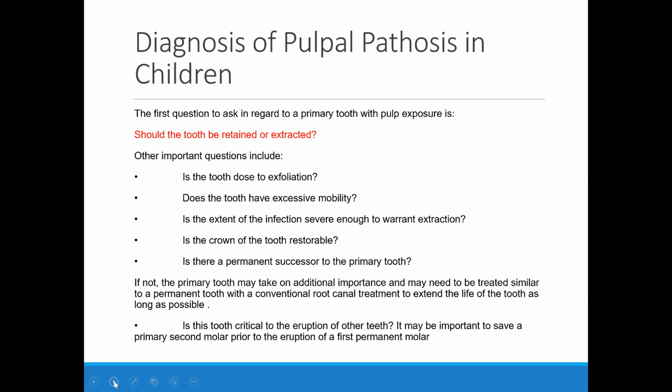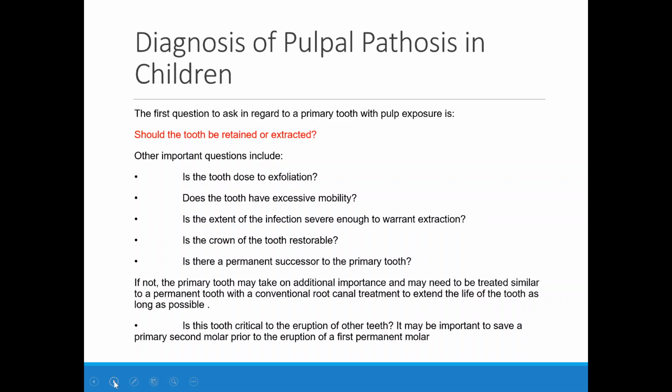So when we perform the diagnosis of pulpal fibrosis in children, the first question to ask in regard to a primary tooth with pulp exposure is, should the tooth be retained or extracted? Because it's very important to understand, do we have any complications from this tooth to the bud of the permanent tooth?